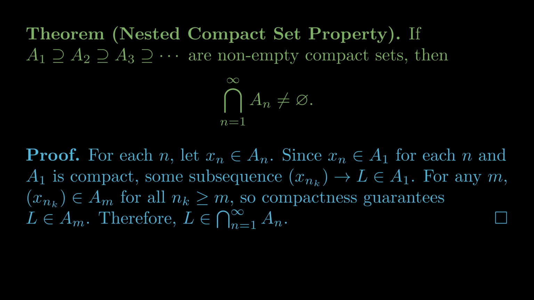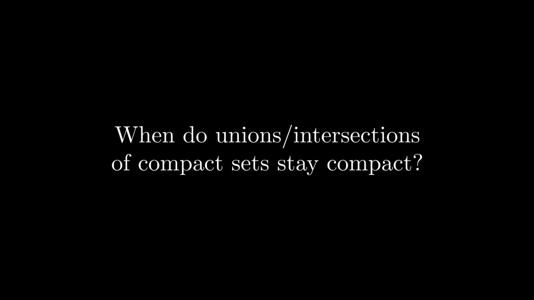We've discussed how unions and intersections interact with open and closed sets, and when the qualities of being open or closed are preserved, and when they're not necessarily preserved. We could ask that same question about compact sets. Taking unions or intersections of compact sets, when is the result still compact? Is it only guaranteed in the finite case, or could we take countable or even uncountable unions or intersections?